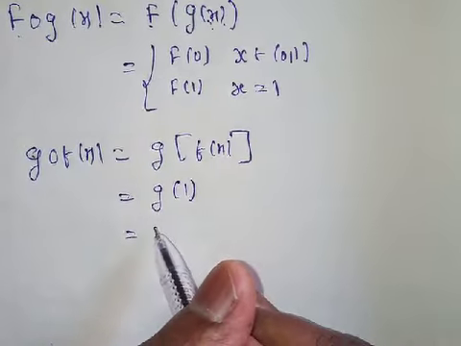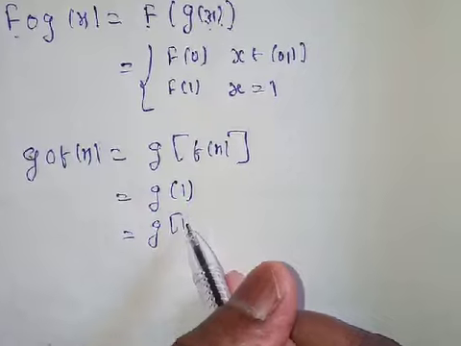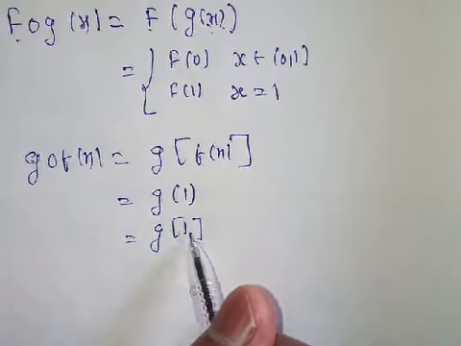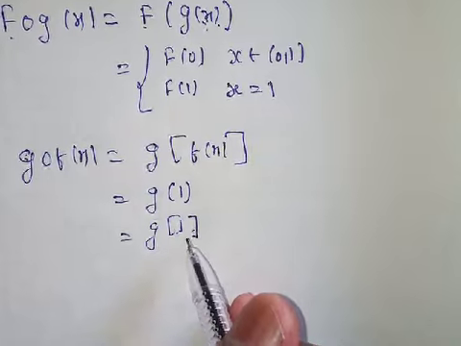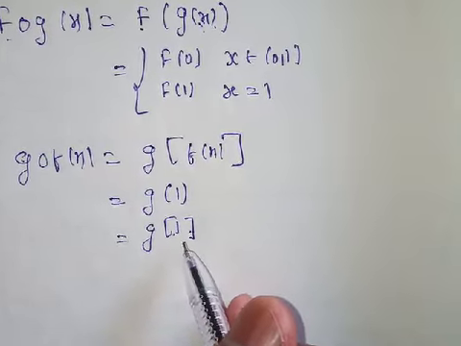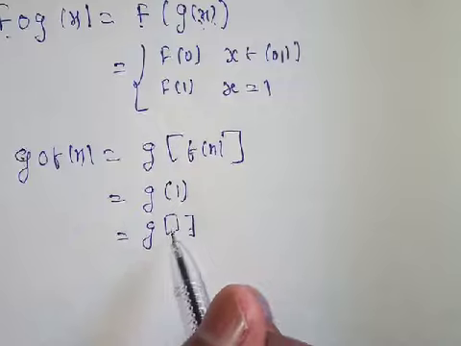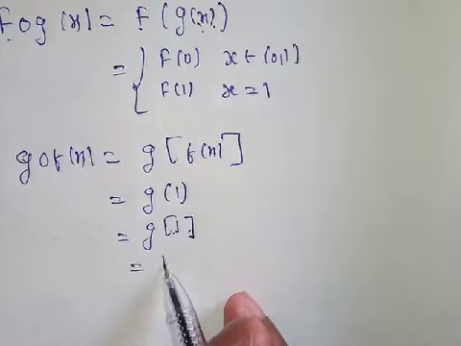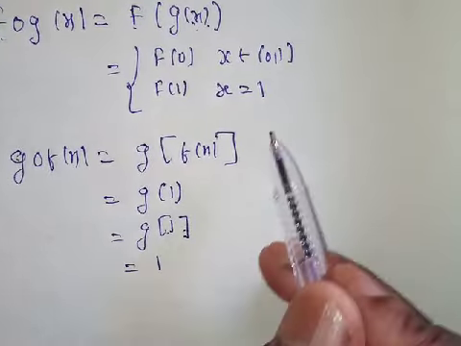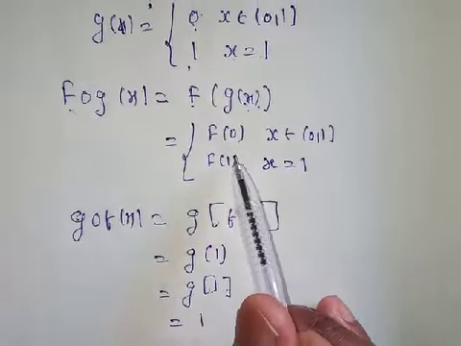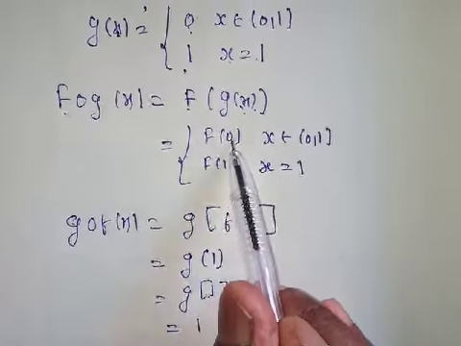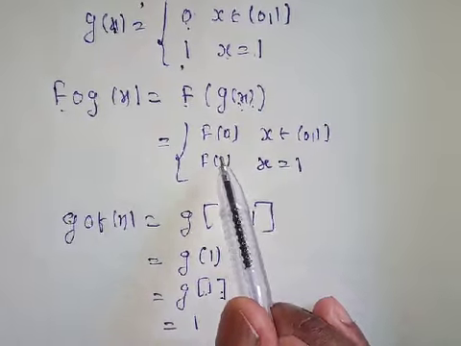G of 1 means we have to put in the greatest integer, the greatest integer less than or equal to x. So this will be 1.